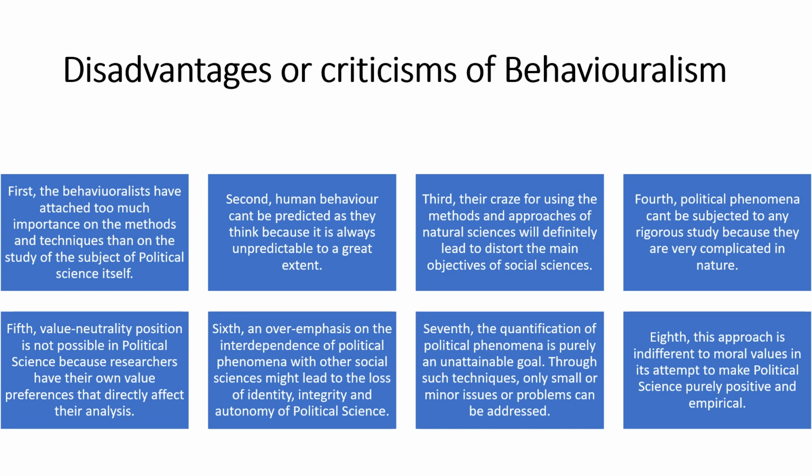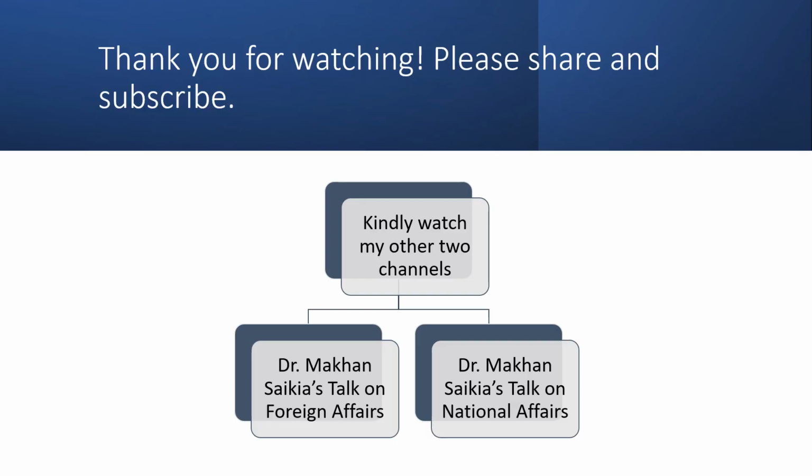Through such techniques, only small or minor issues or problems can be addressed or solved. Finally, the behavioral approach is indifferent to moral values in its attempt to make political science purely positive and empirical.